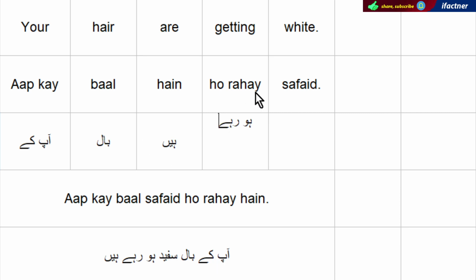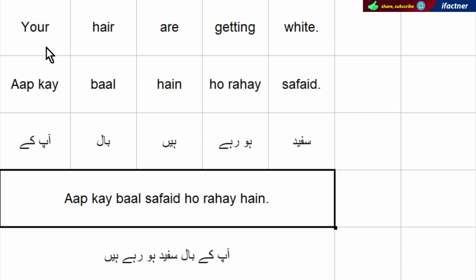Ho rahe means getting. White is translated as safed, and we write safed as sin, fe, ye, dal, safed. So a sentence, your hair are getting white, is translated in Urdu as आपके बाल सफ़ेद हो रहे हैं.